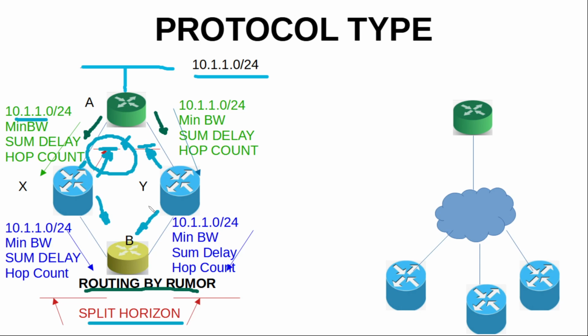For instance, when yellow router V receives these updates from the blue routers, it is going to try to send an update back, but split horizon is going to deny permission to do so. So split horizon is our friend.